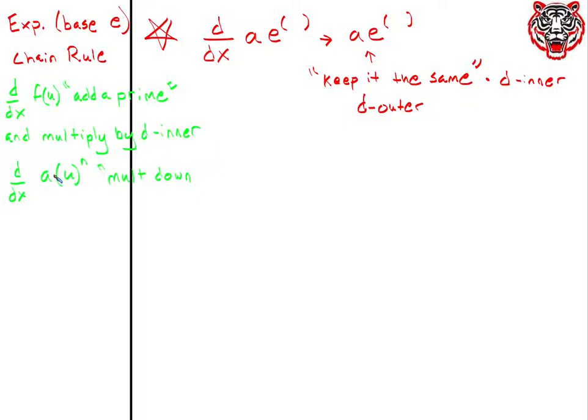The n comes down, it's a times n, and then you need to subtract 1. So multiply down, subtract 1. And then this is all review. I hope I'm making myself clear. This is just talking about what I've already talked about. And then after you multiply down and subtract 1, then you take the inner function. So if the inner function was 2x minus 1, then you take the derivative of that. So after this, I'm going to say and multiply by dinner.